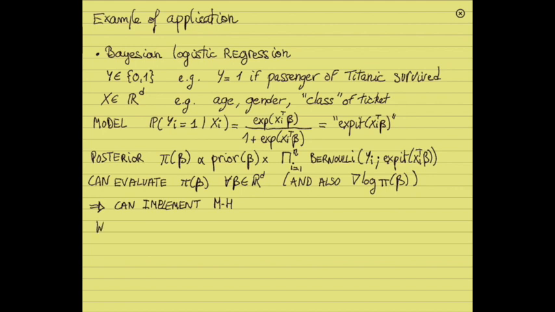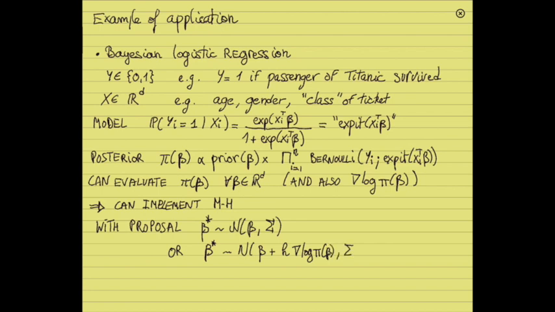In particular, random walk Metropolis Hastings, what's called Metropolis adjusted Langevin, or Hamiltonian Monte Carlo. A lot of recent research on MCMC on continuous state spaces has been on those so-called Langevin methods, using a discretization of Langevin processes as a proposal distribution and then adjusting with a Metropolis Hastings step, where beta star is sampled from a normal centered at the current beta, but following also the gradient with a step size h and a certain covariance sigma.